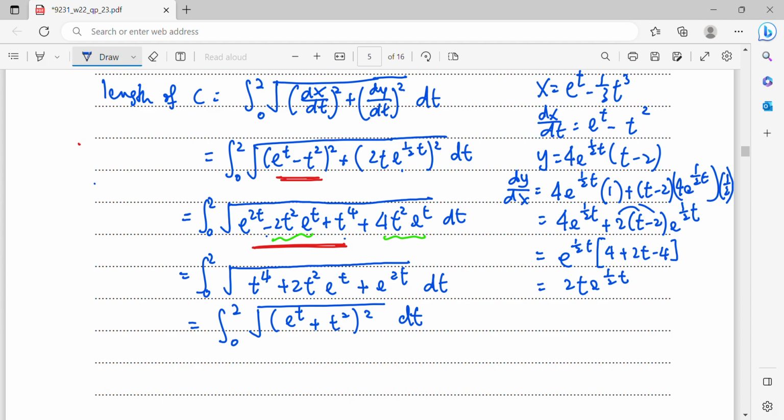So we just change the minus to plus. Okay, so now from here, square and square root can be cancelled off. I will get e^t plus t squared, dt.